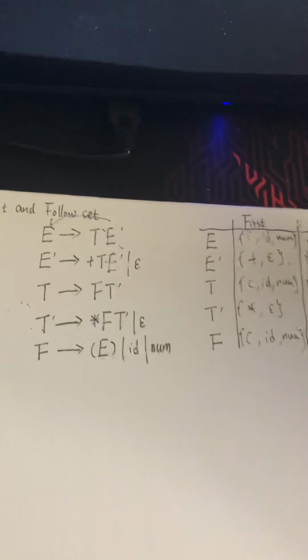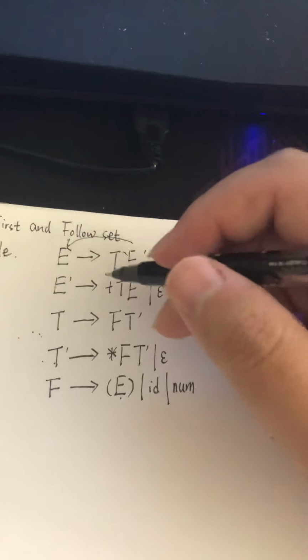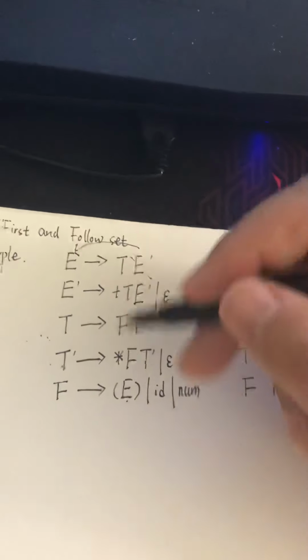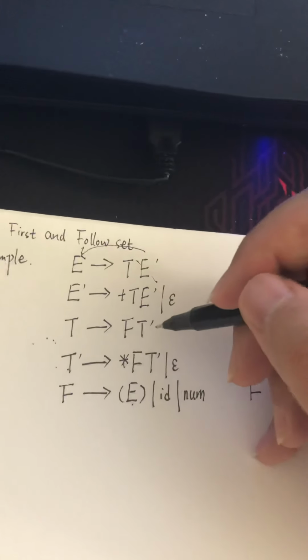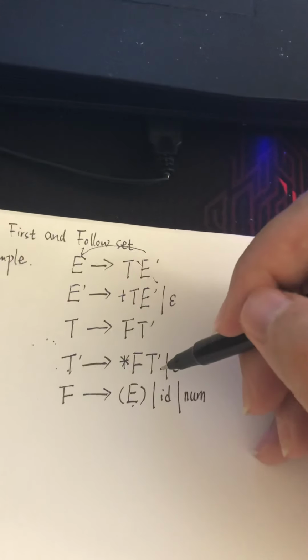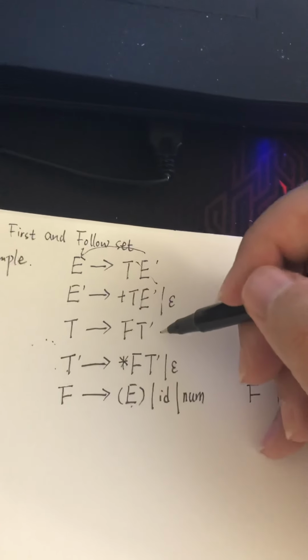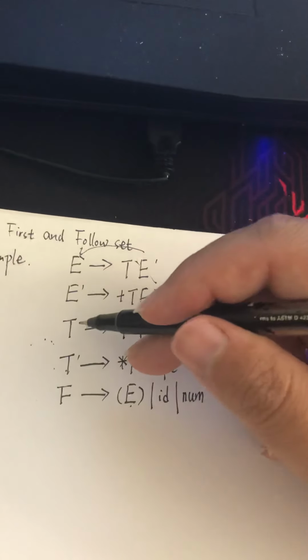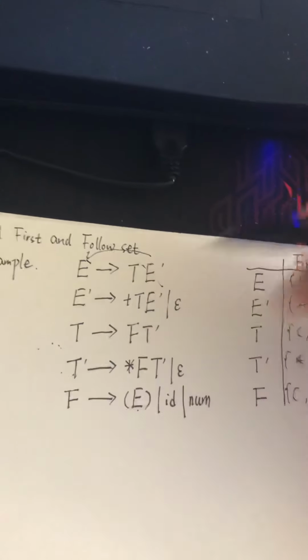And now we need to get the follow of T prime. We also look at the right side to see if there is T prime here. We see the first T prime and the second T prime. For the first T prime, there is nothing after it, so we look at the previous one, which is T. So follow of T prime equals follow of T. What is follow of T?